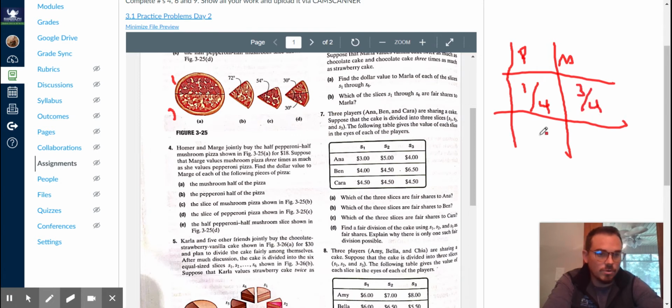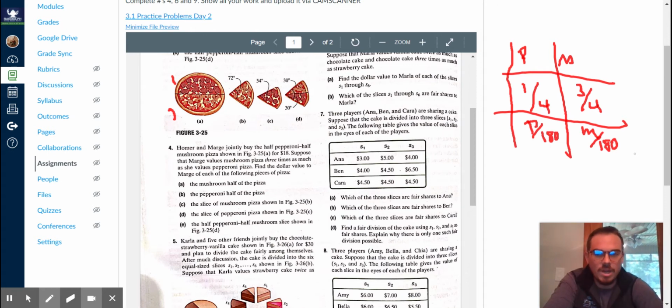That's Marge's value. The physical fraction would be pepperoni out of 180, because it's half of the circle, and then mushroom out of 180. That'll get you started at least creating the table.